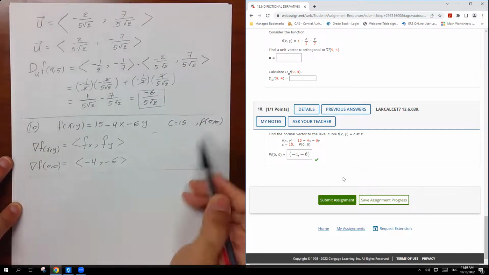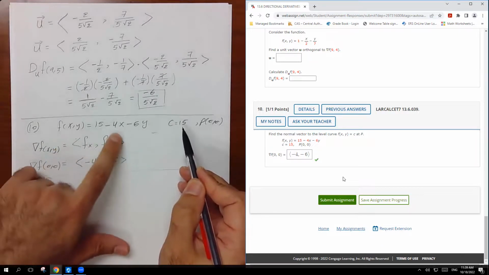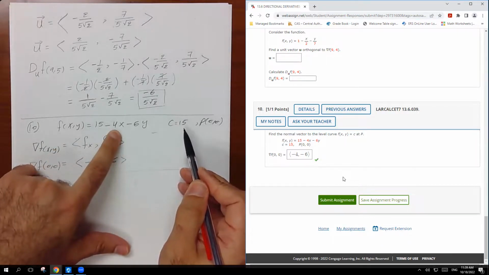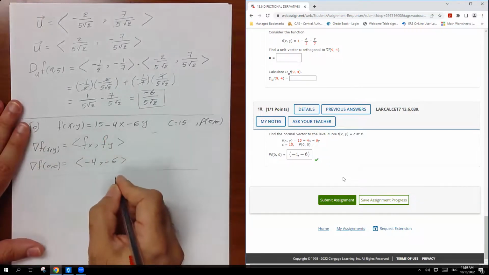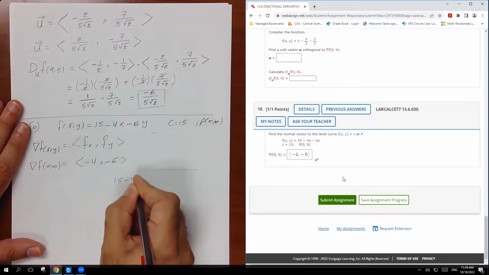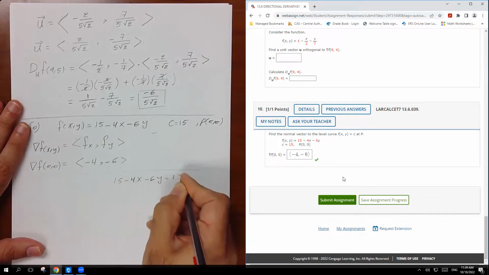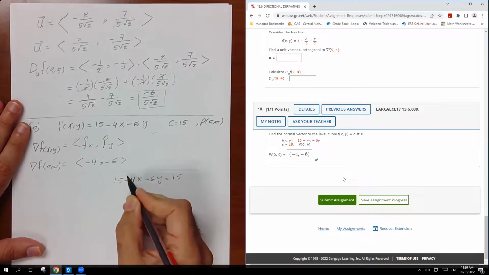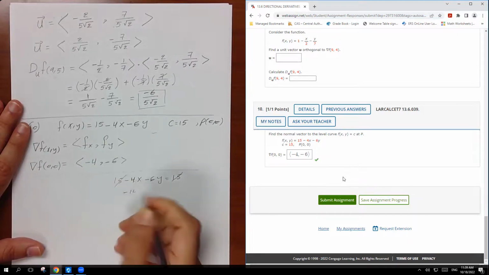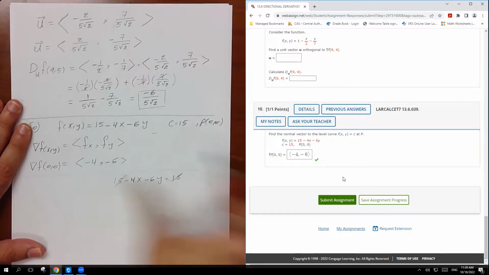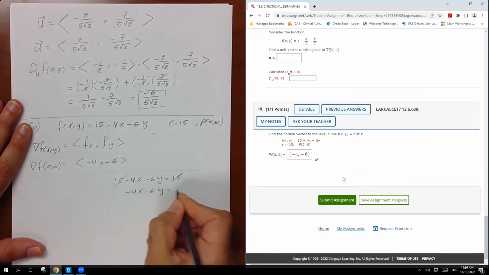at the point 0, 0, and the curve is 15, that means the gradient is equal to the curve. And that solves it. That means 15 minus 4x minus 6y equals 15. Then this one, you're going to move it to the other side, so cancel. That means negative 4x minus 6y equals 0, because we need to find it at the point 0, 0.